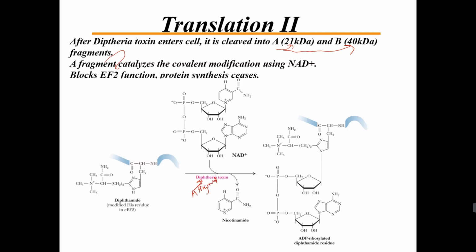And what it does is actually take the ADP ribose moiety that's found in NAD+, so this portion here, the ADP ribose moiety, so it uses that as a cofactor, and transfers it onto a modified amino acid residue that's found in EF2.